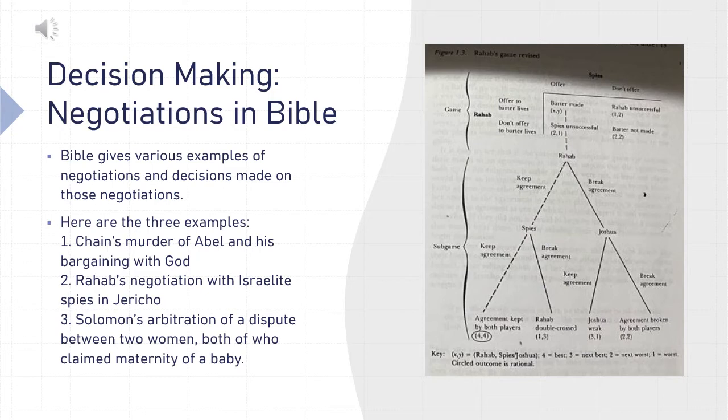She would rather have her child living and raised by another woman than dead. So in this case also, the king had two choices, but he made a decision and opted for a rational and intelligent option.